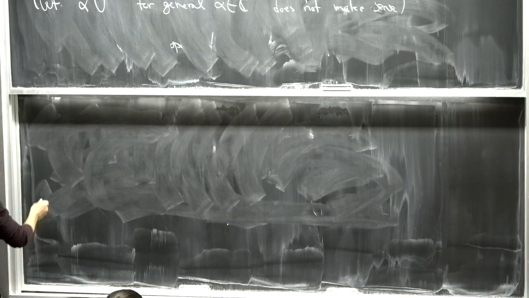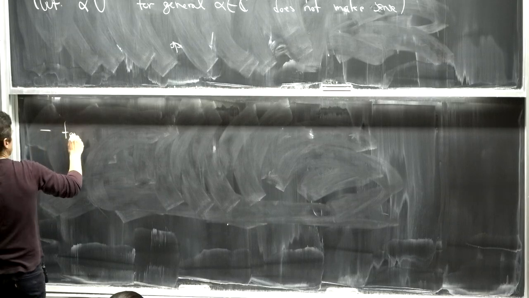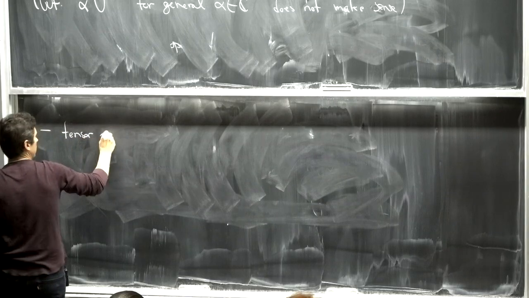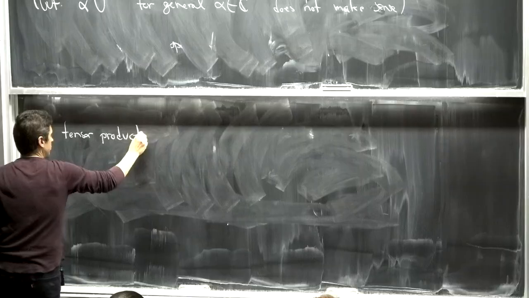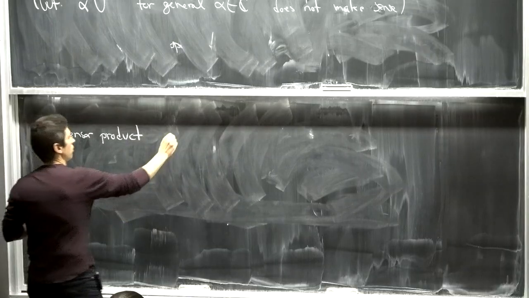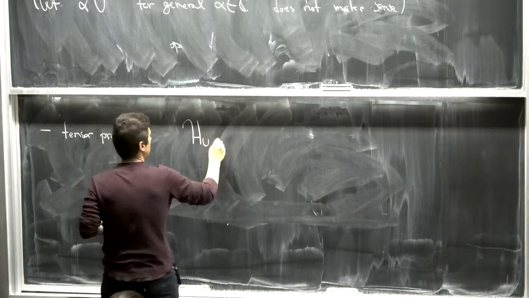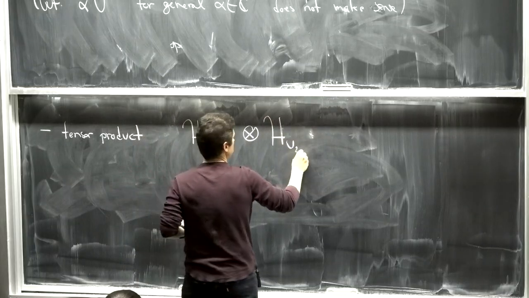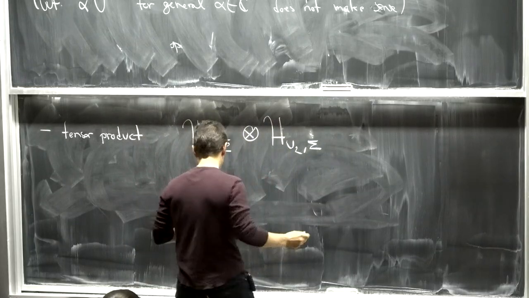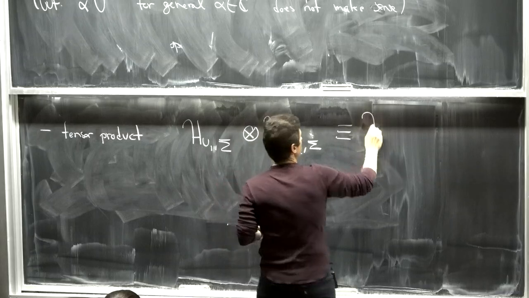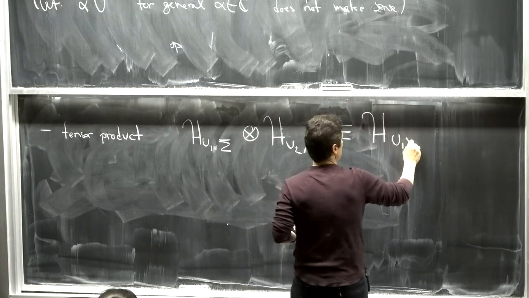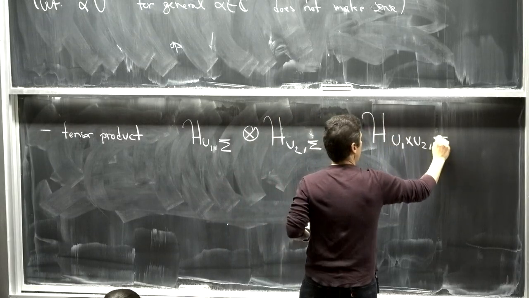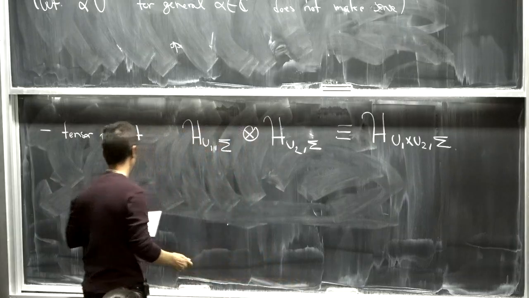Okay, the second operation, tensor product. If I have H_U1 of sigma, I can take its tensor product with H_U2 of sigma, and I define this to be my multiplication operation on defects.